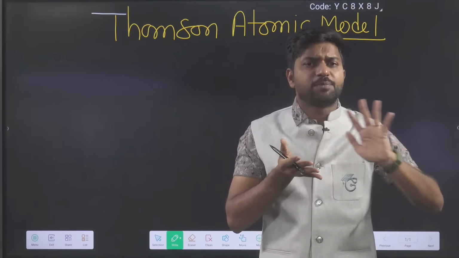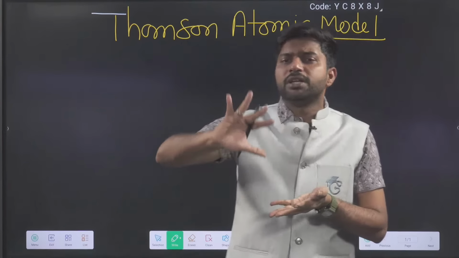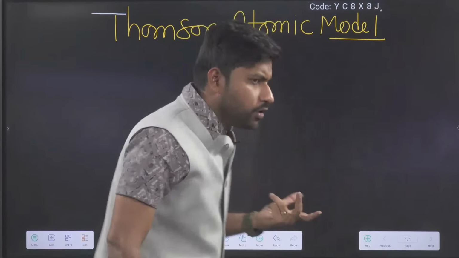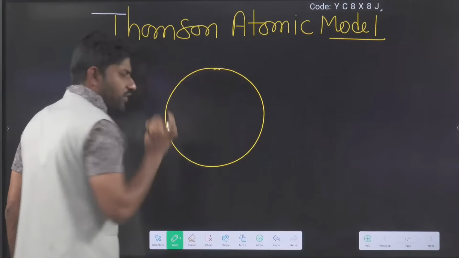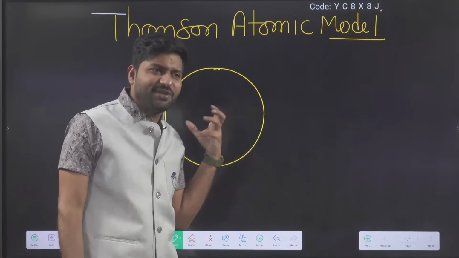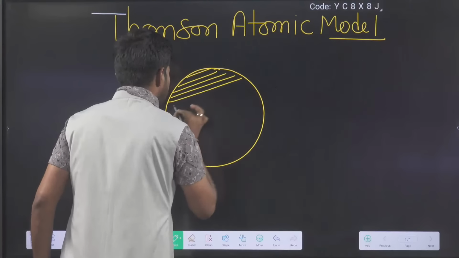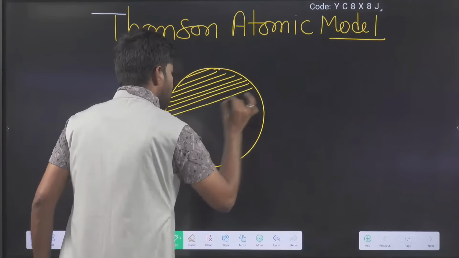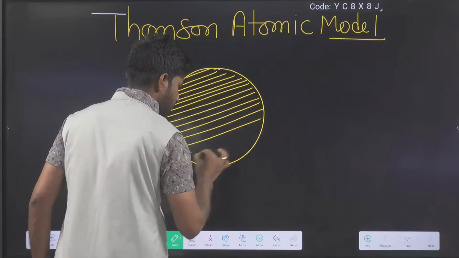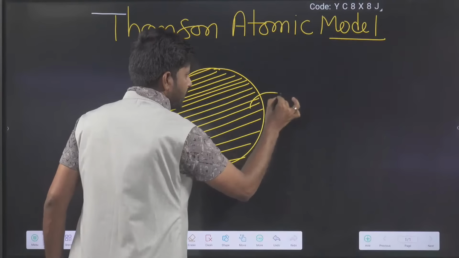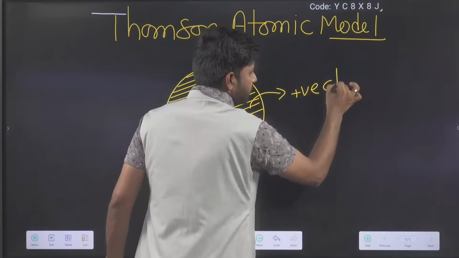Who are the positively charged particles inside the atom? Protons. Protons are uniformly distributed everywhere. Uniformly distributed means if I am trying to draw the diagram here, this is one sphere. It looks like a circle, assume it is a sphere, and everywhere positive charge is uniformly distributed.